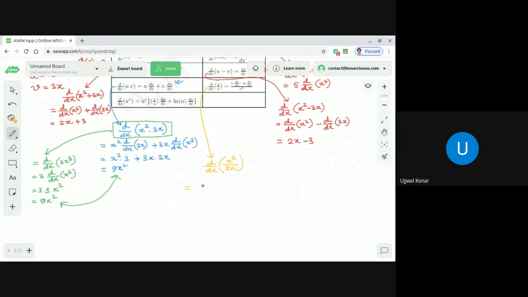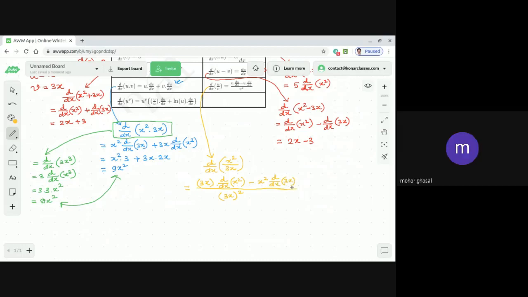That is equal to v square, that is 3 into x whole square. Then v, that is 3x, into d/dx of u, u is x square, minus u, that is x square, into d/dx of 3x.